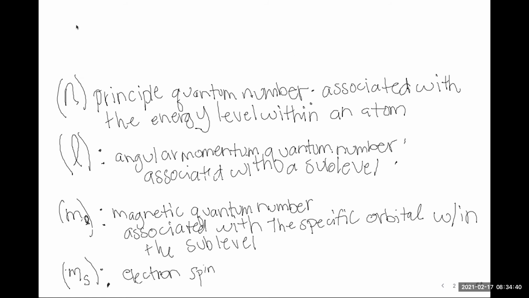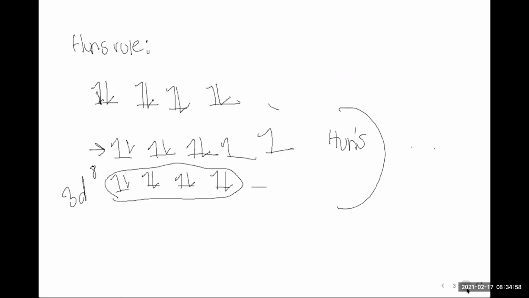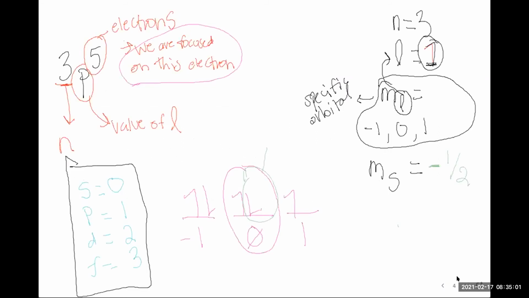So with MS, we said that if it's positive 1/2, you have an up arrow, and if it's negative 1/2, you have a down arrow. It's just a little side note. So I'm gonna write down another example, but I want you guys to do it as a class. I'm just gonna write what you guys are telling me.